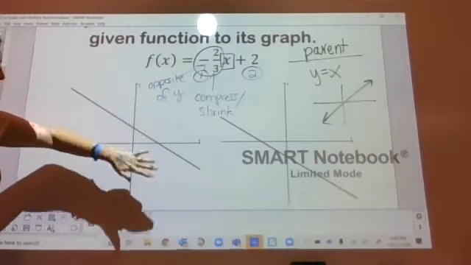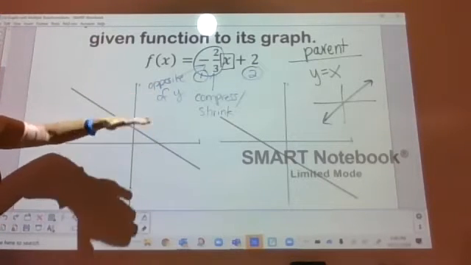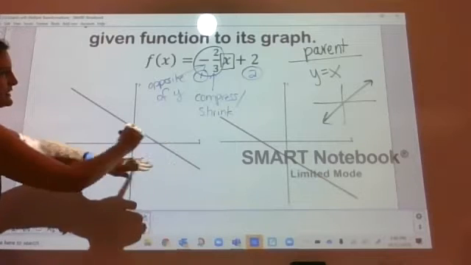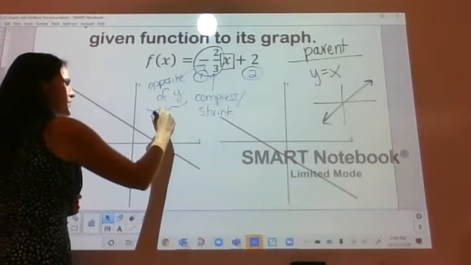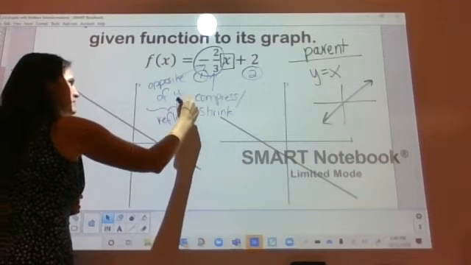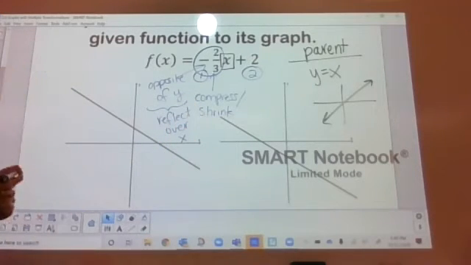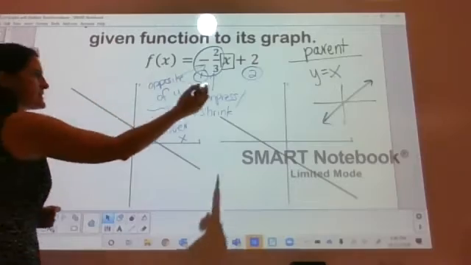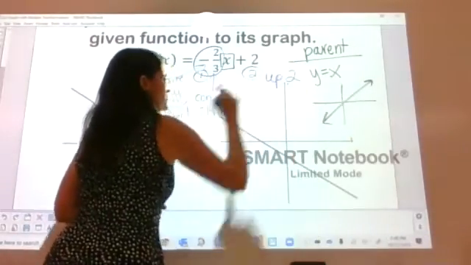So this is a reflection over which axis? The x-axis, right? So opposite of y means reflect over x. And then this +2 at the end means your graph is going to go up 2.